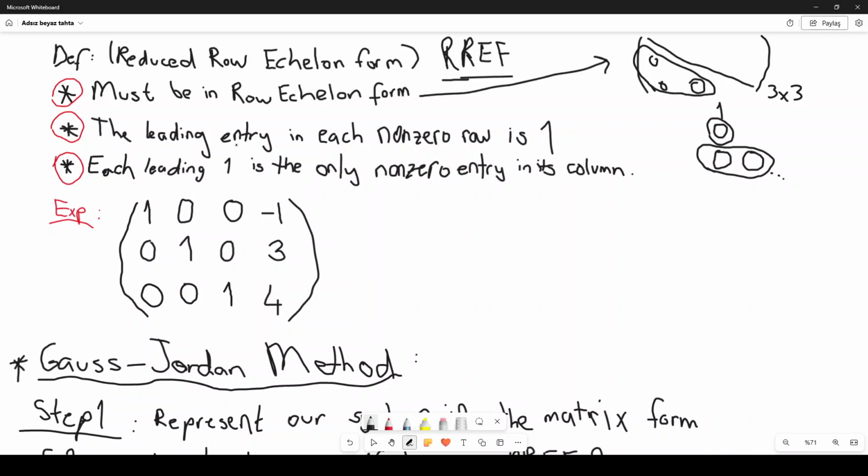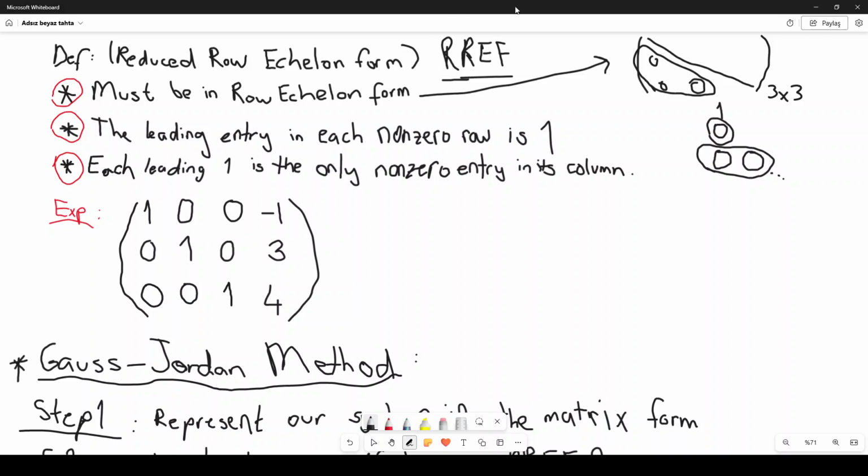So the first element from left hand side to the right hand side. Of course, we read the rows by convention from left to right. So when we read the values in that row from left to right, the first element which is not 0 is called the leading entry in that row. So all the leading entries in each non-zero row should be equal to 1.